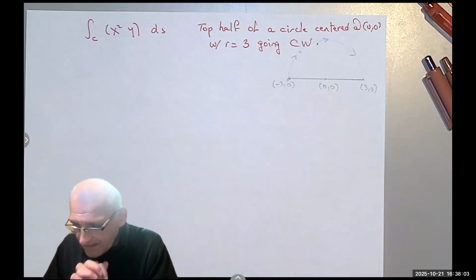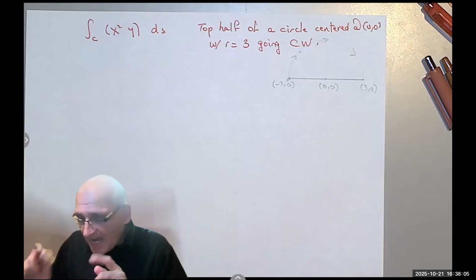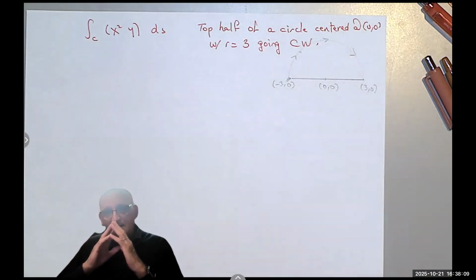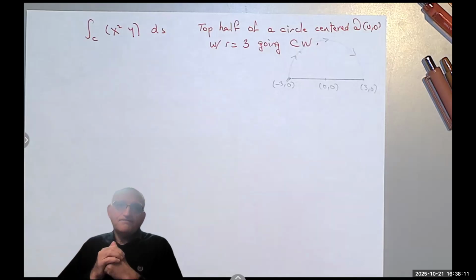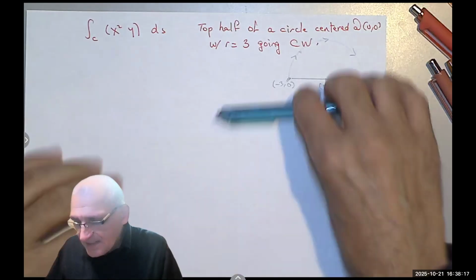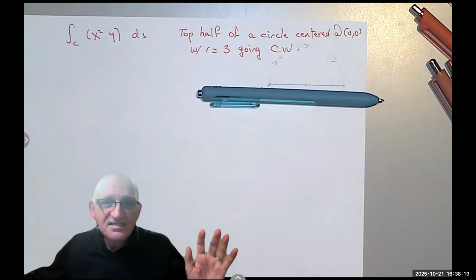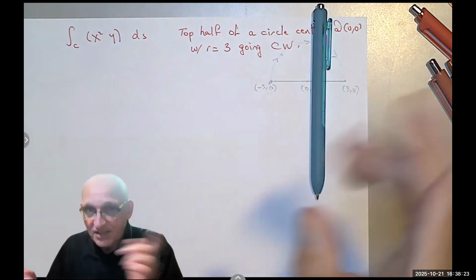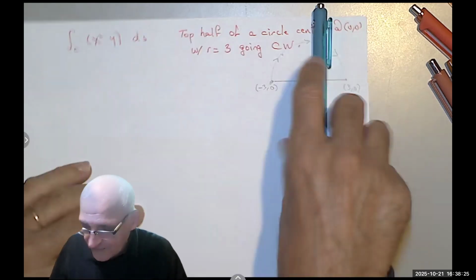So let's see what we have. How do we describe this motion parametrically? There are many ways to do it, but one way is to keep it easy and say x is cosine like we learned and y is sine. You don't have to. You can reverse, but then you have to be careful.